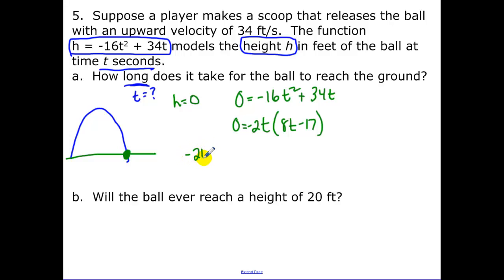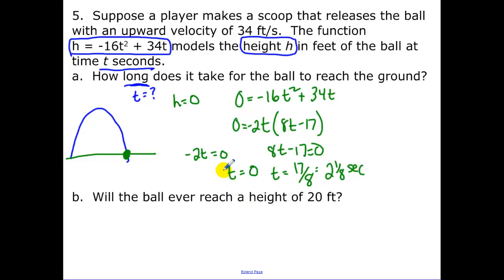Now set negative 2t equal to 0 and 8t minus 17 equal to 0. So I have t equals 0 and t equals 17 over 8, or 2 1/8 seconds.